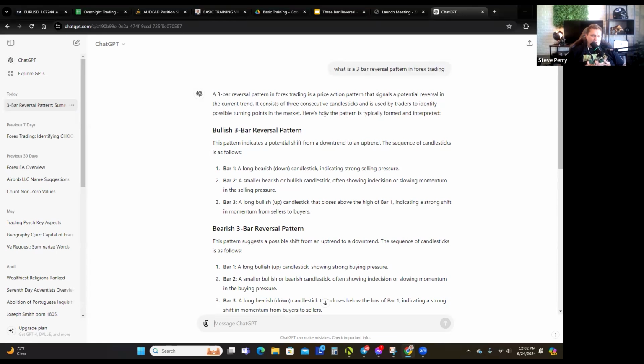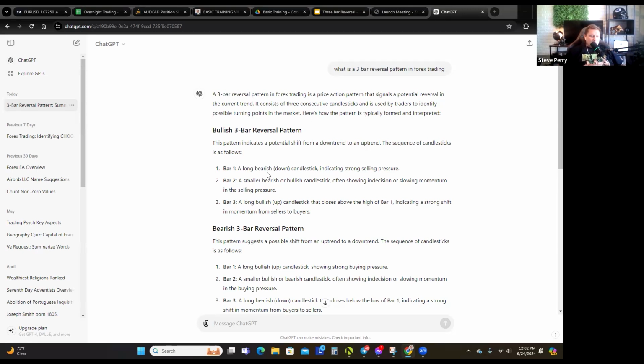I actually know tons of people that trade it differently. I'm going to show you a couple of different ways, some of the ways that I think are more probable. If you can get the setup just right, it looks pretty good. I'm going to show you a couple of others that are acceptable. But this is the main way that ChatGPT is saying.